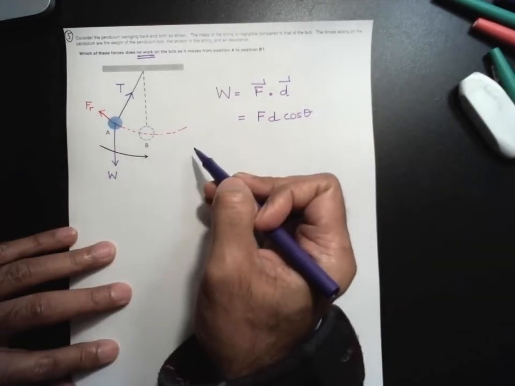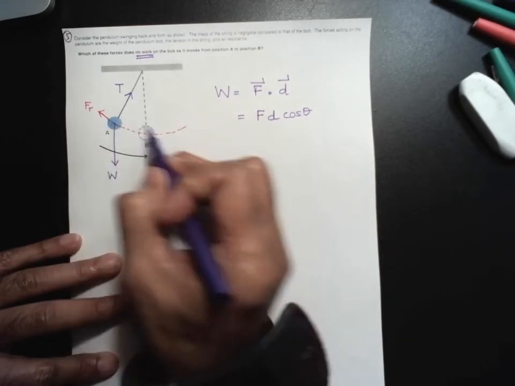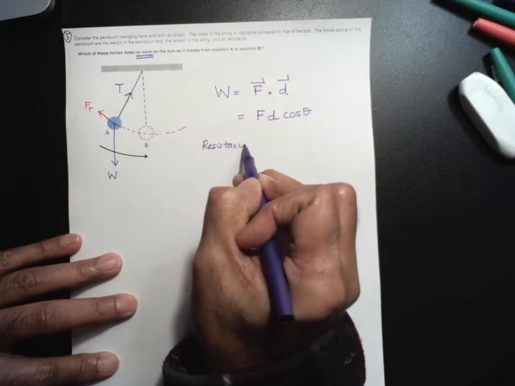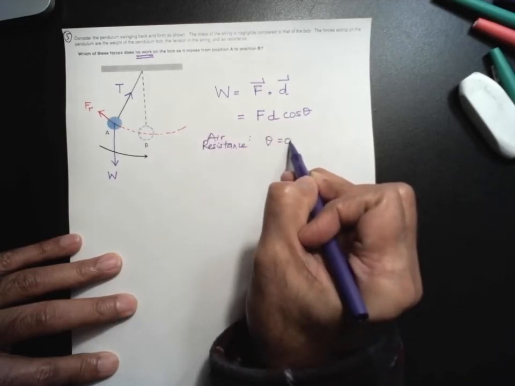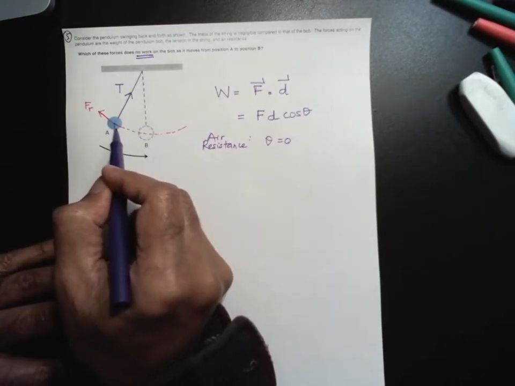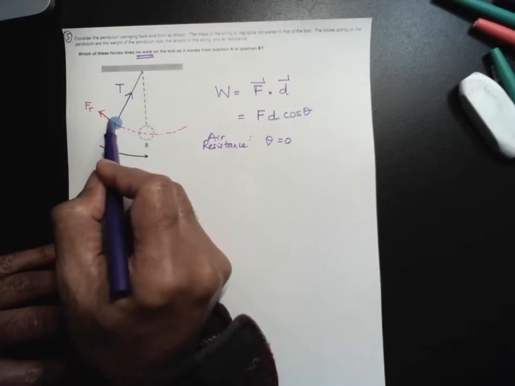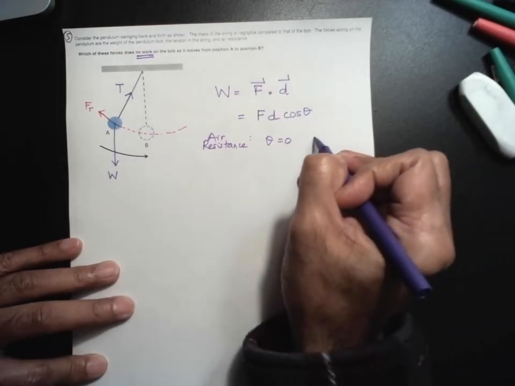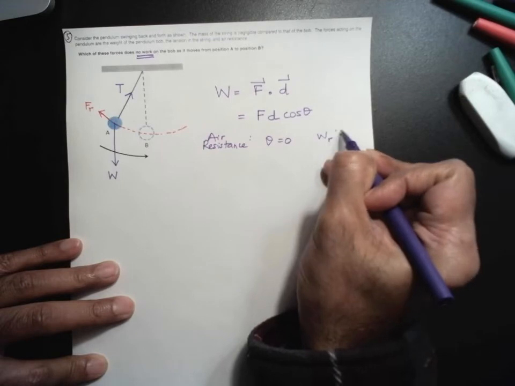So you can clearly see that for the air resistance, theta is 180 degrees. So the air resistance is always doing work, and it always does negative work, by the way, right? Because whatever direction the bob moves, the resistance is in the other direction. So the work done by the air resistance is always negative.